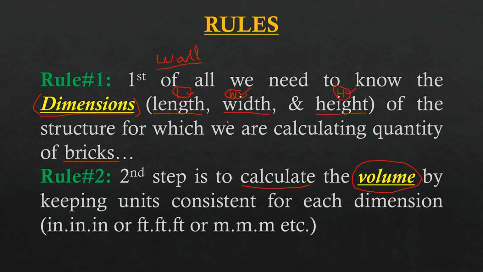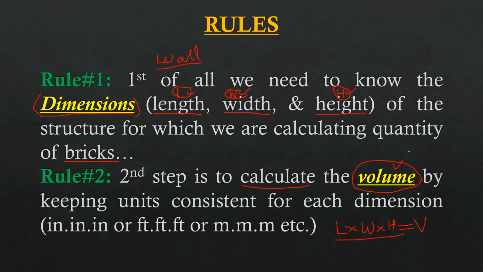The volume is basically length multiplied by width multiplied by height. This is a simple formula that we study in elementary level math or secondary or higher secondary level math. So volume is simply length times width times height, and this will be equal to the volume of the structure.